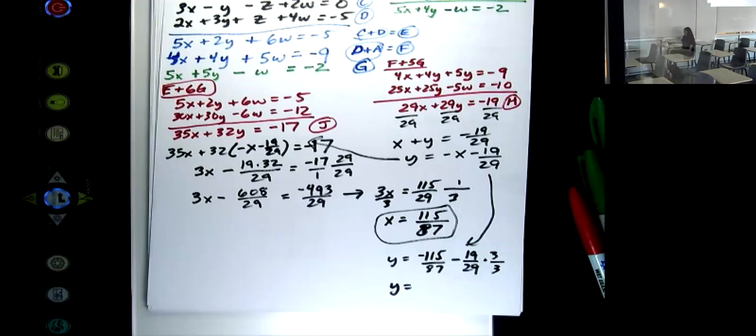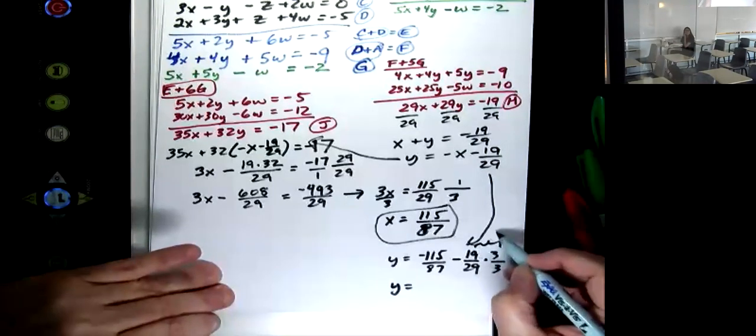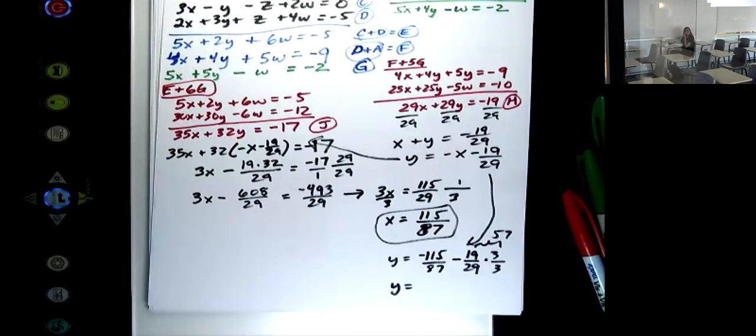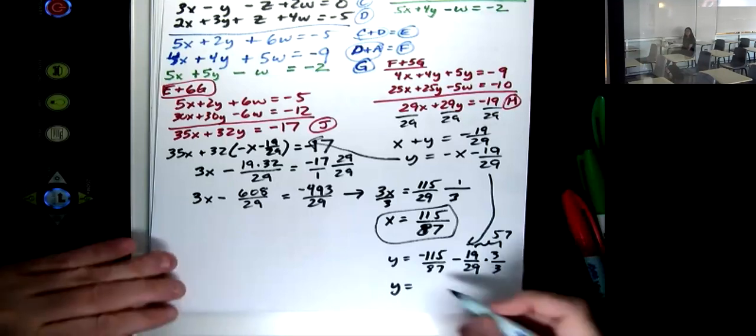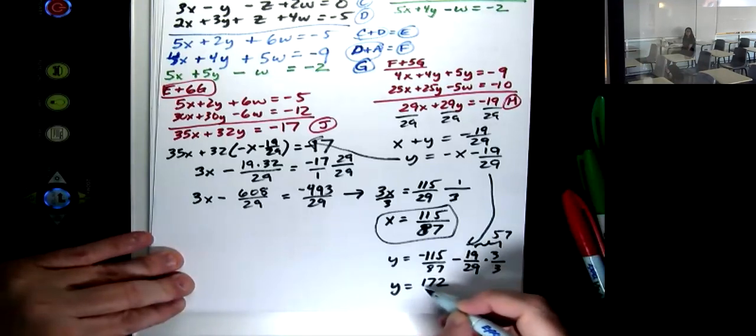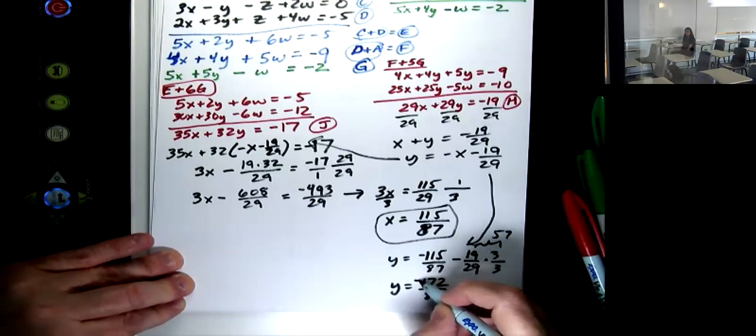So clear. 3 times 19, I know this is 57. So 115 and 57. That's a negative.